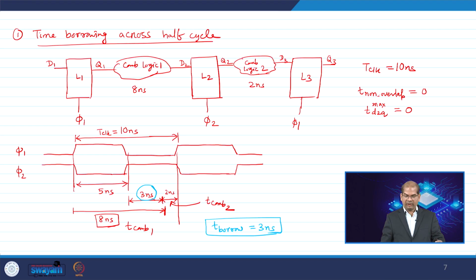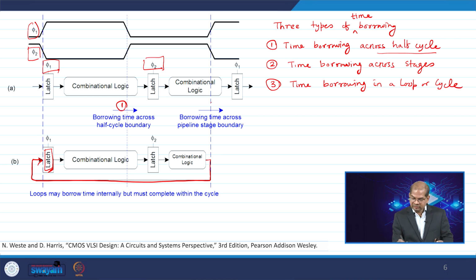Now, we will go to time borrowing across stages. It is doing the borrowing in this stage, across the stages. This is the second one.